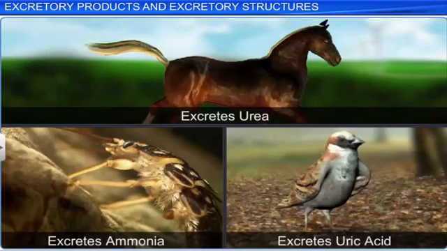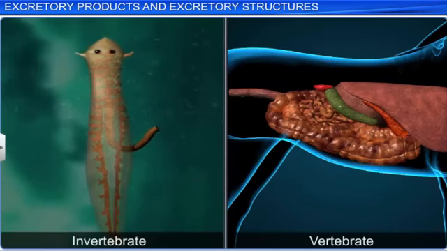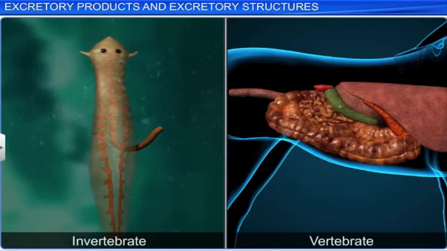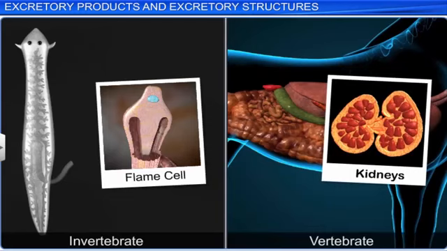As animals excrete nitrogenous wastes in different forms, the structure of their excretory system also varies. The study of phylogeny of the excretory system reveals that primitive animals such as invertebrates possessed simple organs like protonephridia or flame cells, which in the course of time evolved into complex organs such as the kidneys in vertebrates.